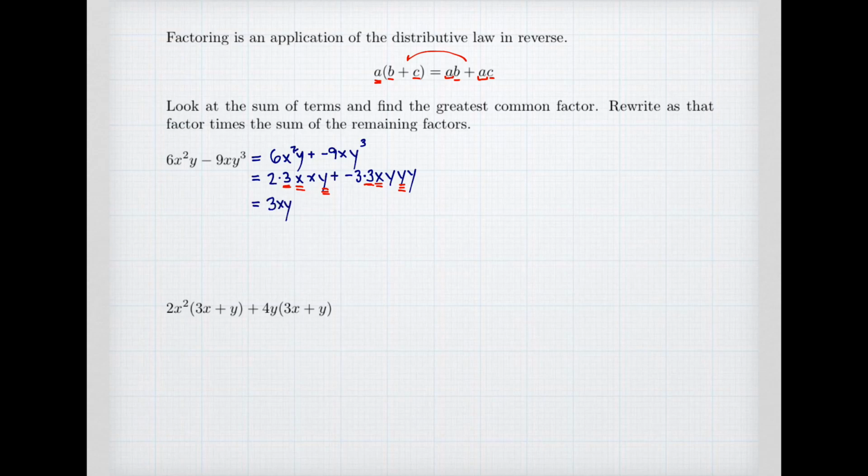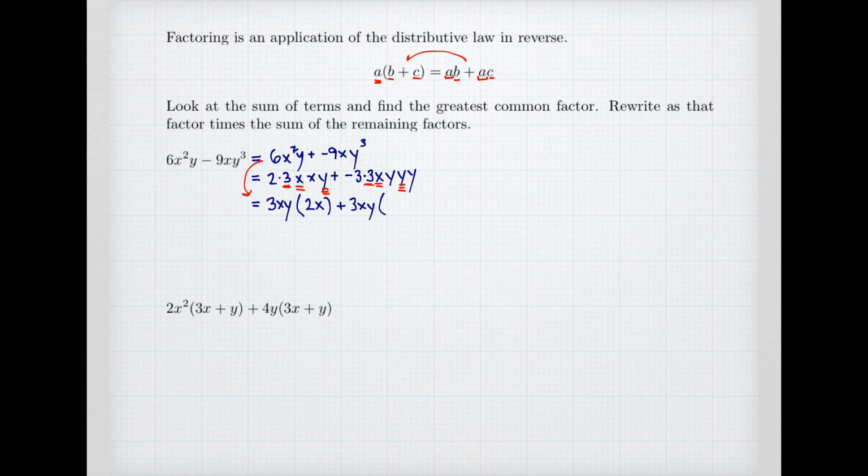So normally we would go directly from the original formula to the common factor formula. So I have 3xy. What do we have left? In the first term I have a 2 and an x, so I have 2x. And in the second term I have 3xy times, what do we have left here?